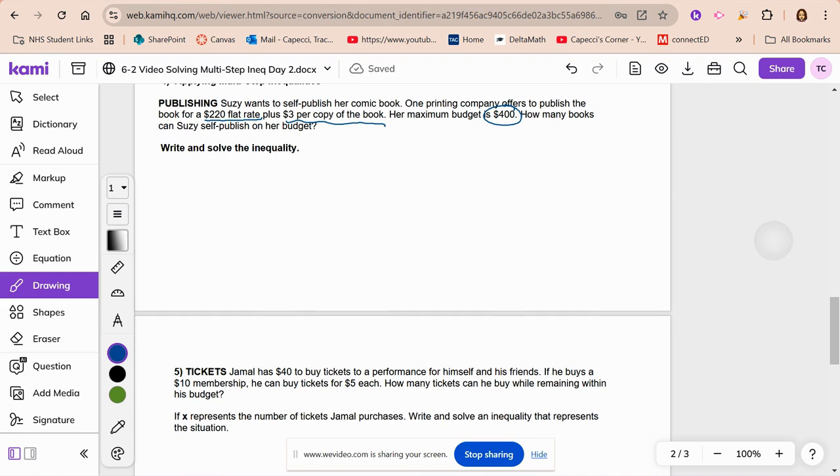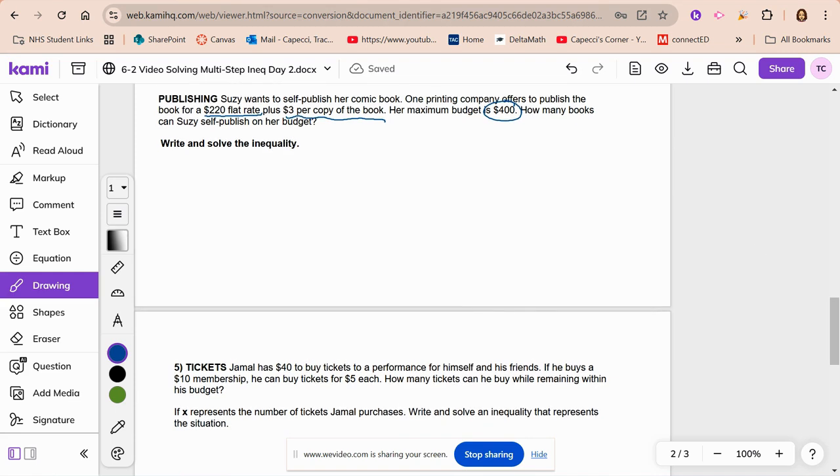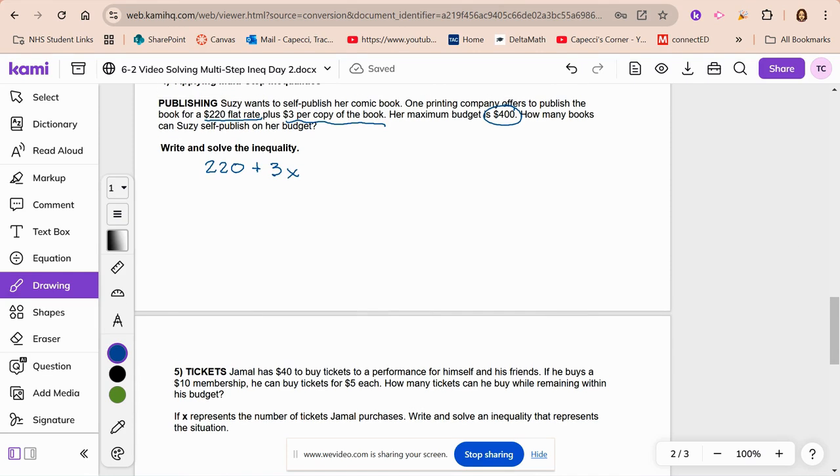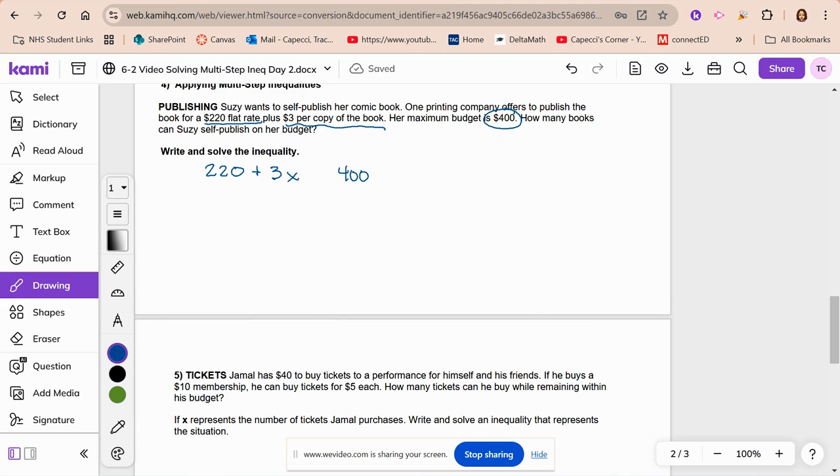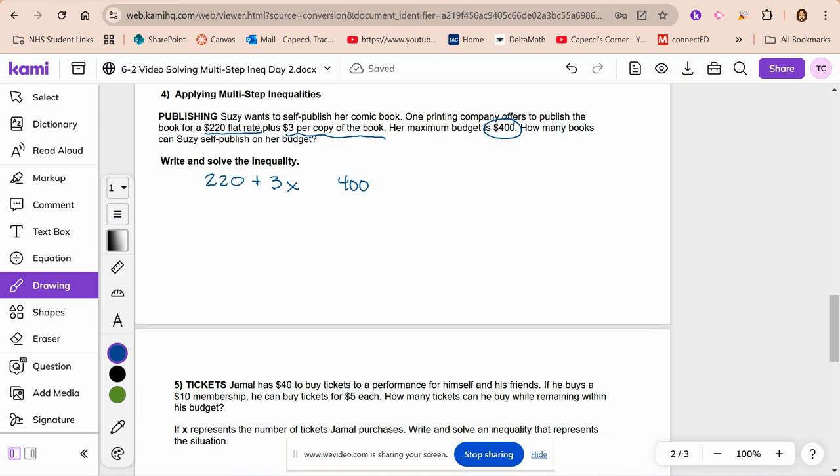All right, so let's see what we have here. We're going to have a $220 flat fee, so that they're going to pay that no matter what, plus $3 per copy of her book. So we'll make that an x. You can use any letter you want. Her maximum budget is $400. So I like to sometimes just put that number to the right and then work on my inequality. So I can't spend more than $400, but she can spend $400 exactly.